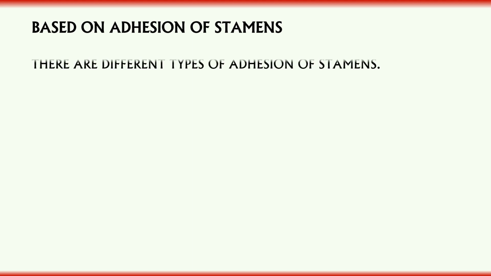Based on adhesion of stamens, there are different types of adhesion of stamens. Now, what is the adhesion of stamens? Union of stamens with other floral parts like sepals, petals, and gynoecium is called adhesion.